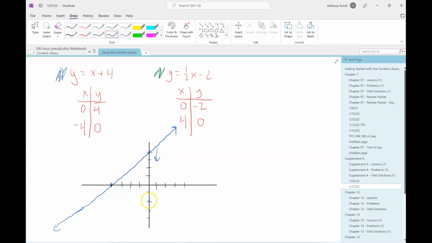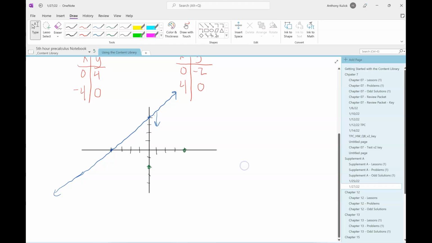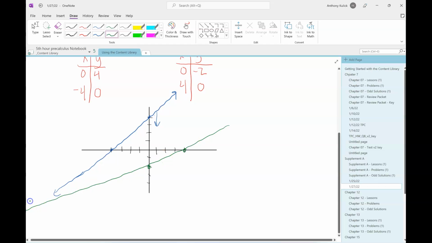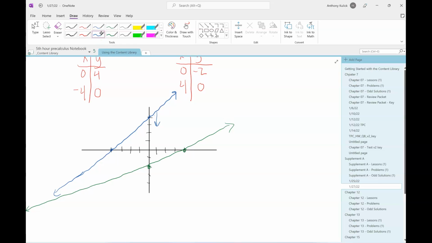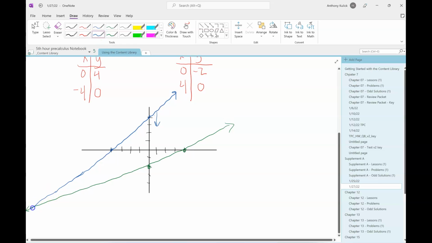All right, let's see. And then I have 0, negative 2, and 4, 0. And I'll draw those. So, oops, I guess I should make that a little longer.